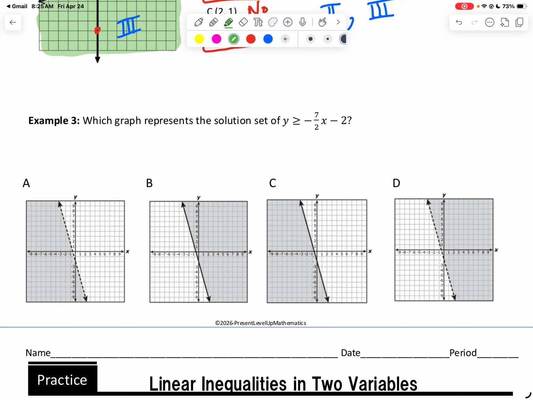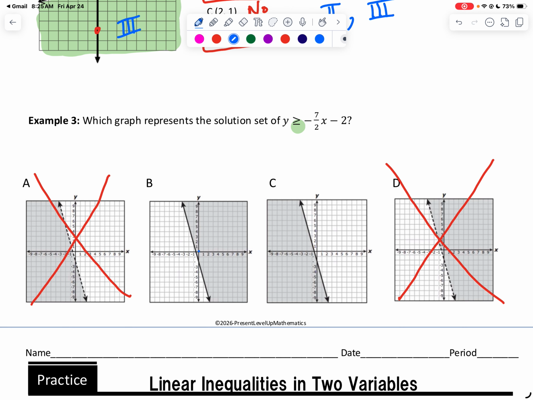So first thing I notice is there's a solid line under my inequality symbol, which means my answer must be graphed with a solid line. So right off the bat, I've eliminated A and D, and you now have a 50-50 chance of getting this correct. So let's look at the difference between B and C.